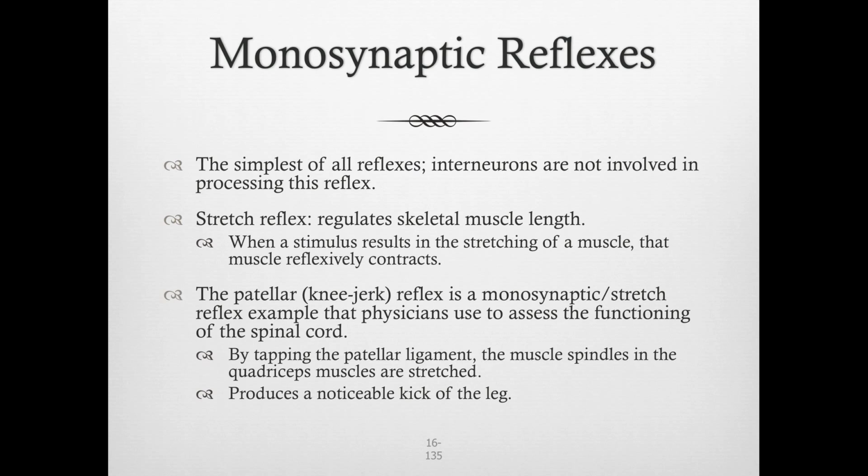And so a specific example of that is the patellar, or sometimes referred to as the knee jerk reflex. This is monosynaptic. This is also a stretch reflex, right? Because they tap that patellar ligament. The muscle itself actually stretches, and by virtue of that, the actual quadriceps muscles, the rectus femoris and those vastus muscles there, they're going to contract, produce a noticeable kick. That is the reflex.